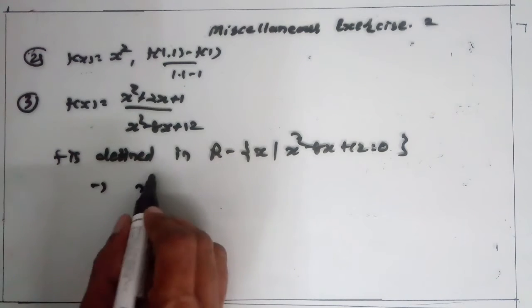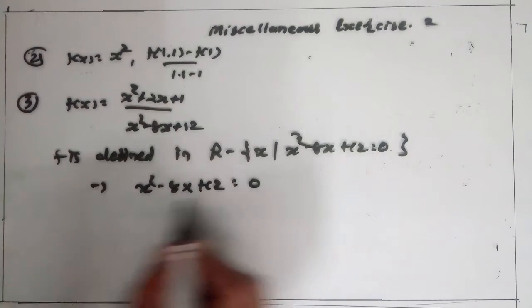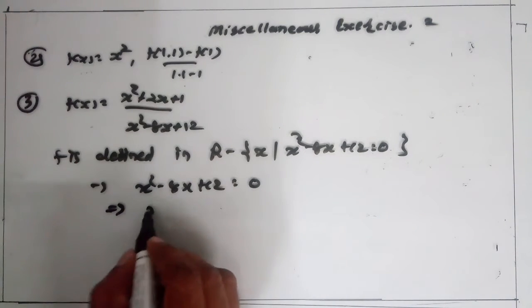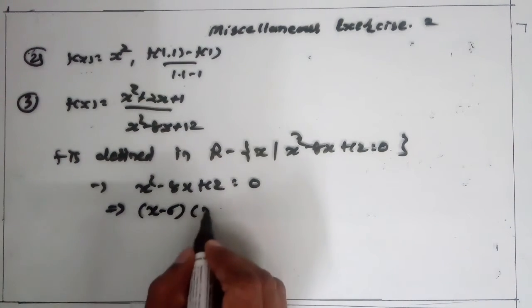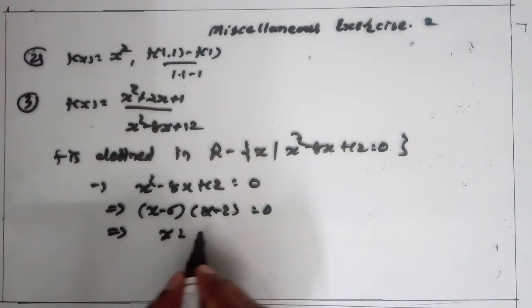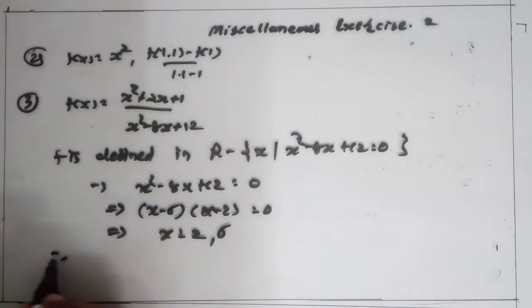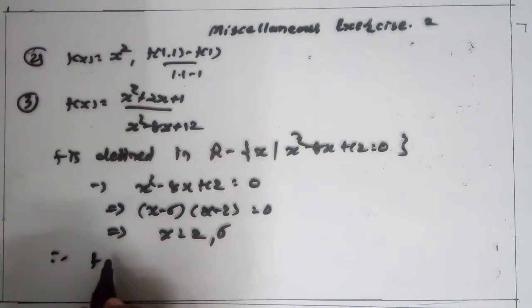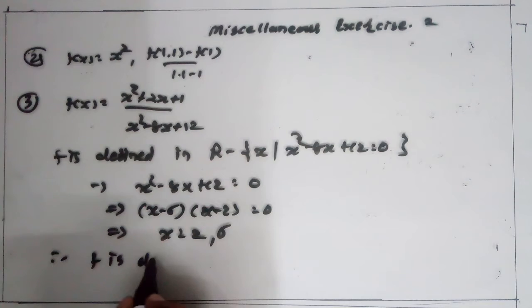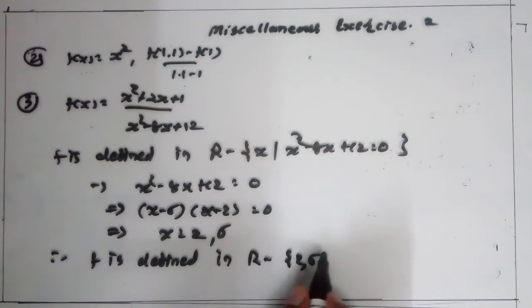Here x square minus 8x plus 12 is equal to 0. This implies the factors are (x minus 6)(x minus 2) is equal to 0. This implies x is equal to 2 and x is equal to 6. Therefore f is defined in R minus {2, 6}.